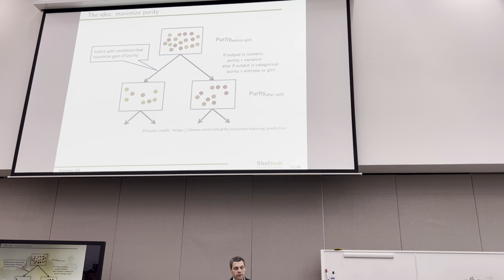Let's assume that in the initial data set there are several classes: the class of green points, orange points, and red points. In the node, you have some predicate, some decision which, in a binary way, divides the whole training data set into two parts.